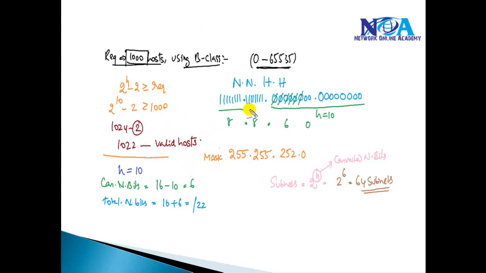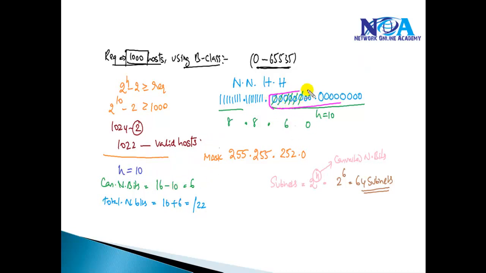Now as we are using B class, there are by default two network portions and two host portions, which means the total host bits are 16, but out of 16 we need only 10. So I'm going to use only 10 host bits, and the remaining 6 we are going to convert into network bits.